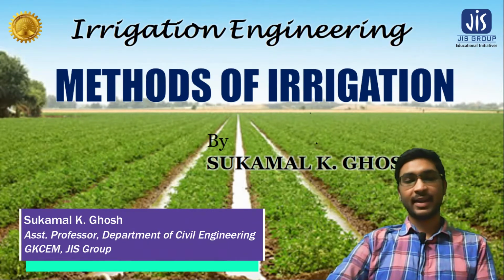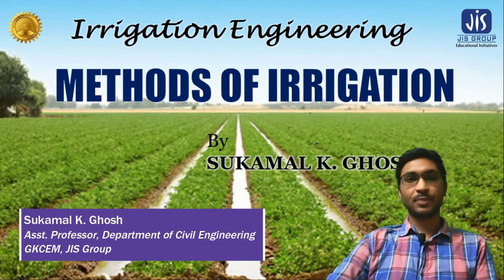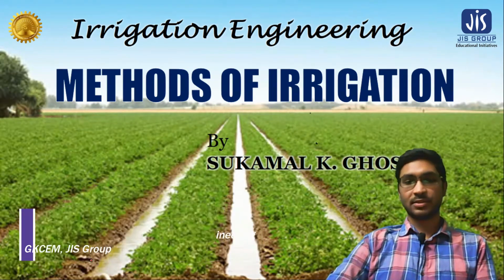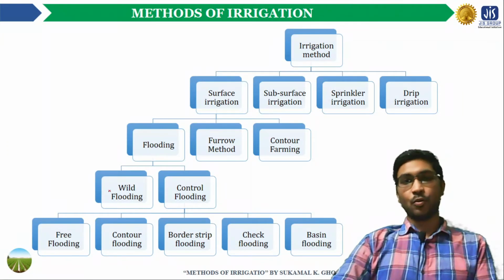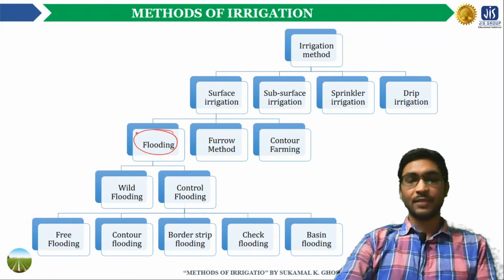This is our second lecture on methods or techniques of irrigation. In this video, we are going to discuss the remaining methods of irrigation which were not covered in our earlier lecture. As we know, in our earlier lecture we discussed the flooding method of irrigation.